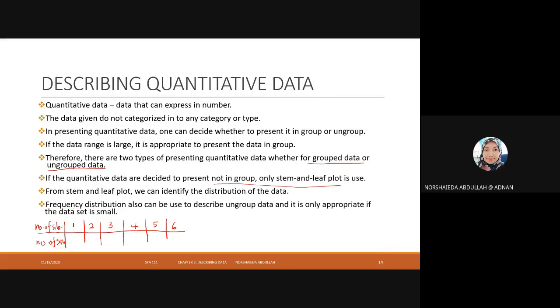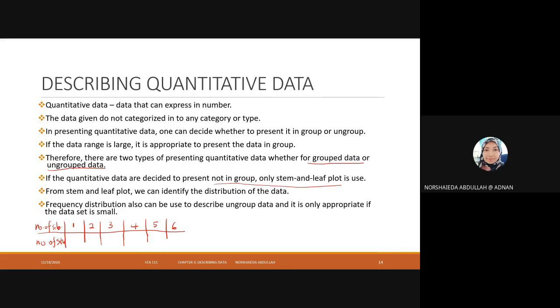So for this data, we can present it as a frequency distribution for ungrouped data because the range of the data is small. The range is from 1 to 6 only. So we can present it as ungrouped data, right? So the number of students is the frequency.